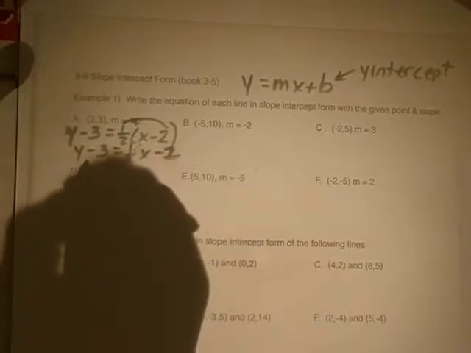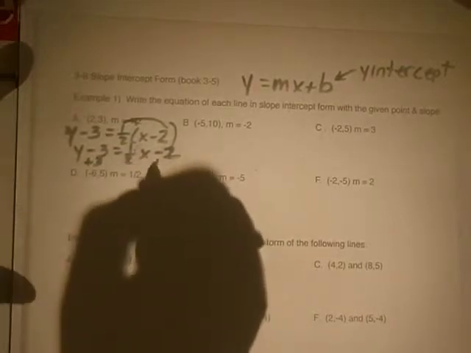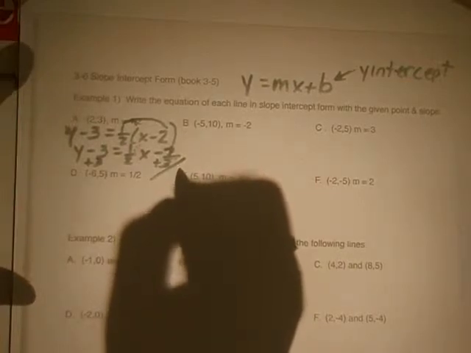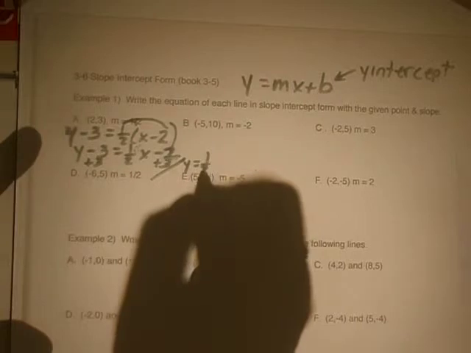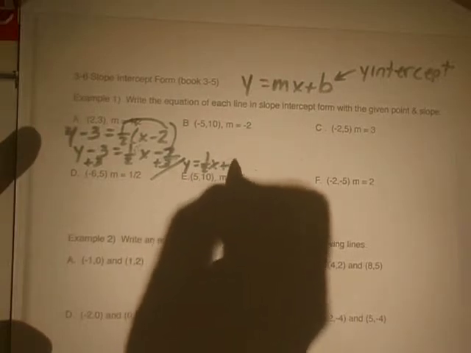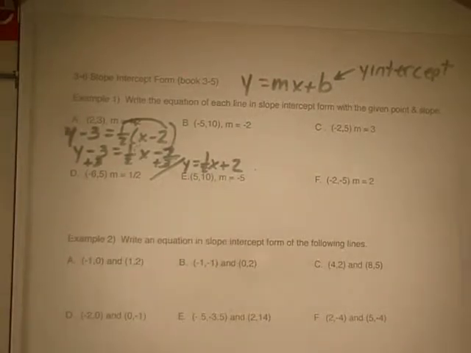And then from there, you add 3 to both sides. And you end up with y equals 1/2 x plus 2. A little crowded in there. So you start with point slope form like we did yesterday, and then when you solve for y, you end up being in slope intercept form.